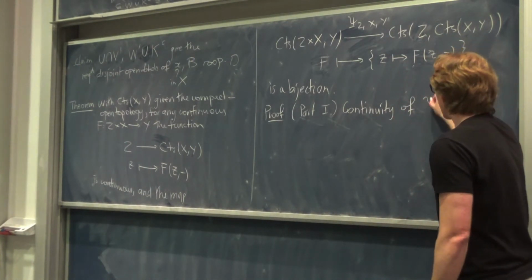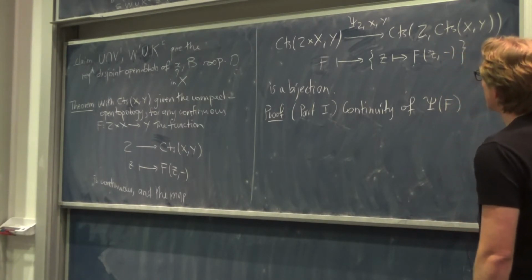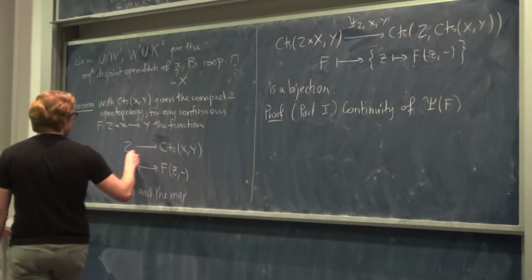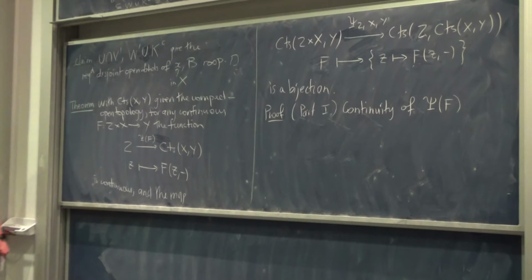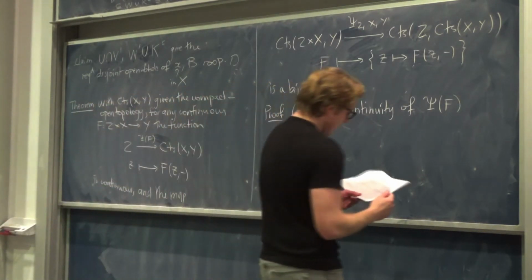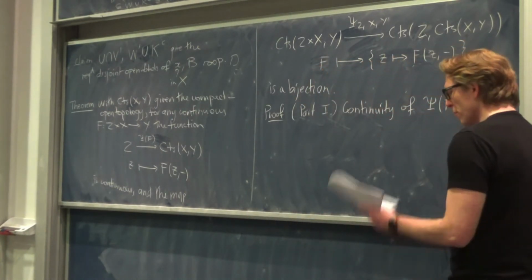So let's call it continuity of psi f. Psi f is this map, given the compact open topology. Well, what information do we have to work with?